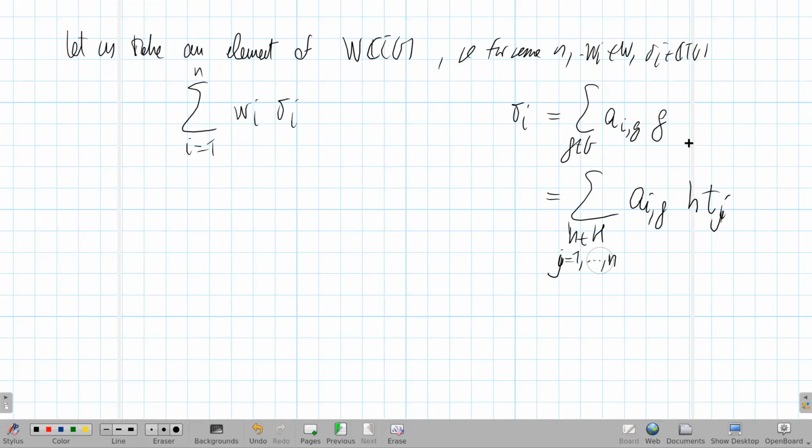This can be done in a unique way, because the Htj are all the cosets, and every element is in a single coset, and can be represented uniquely as an element of H times an element of tj.